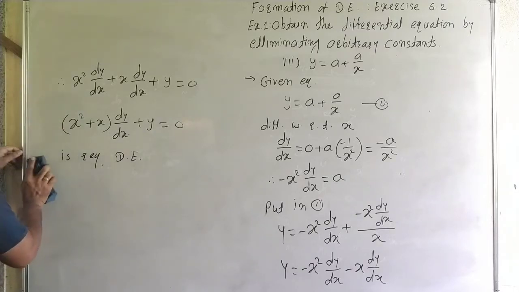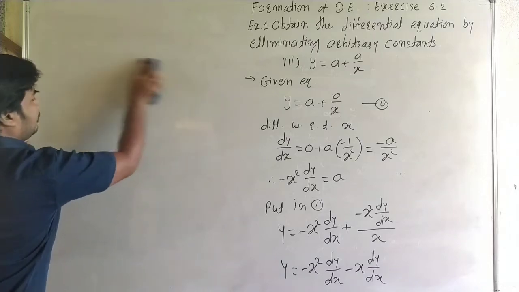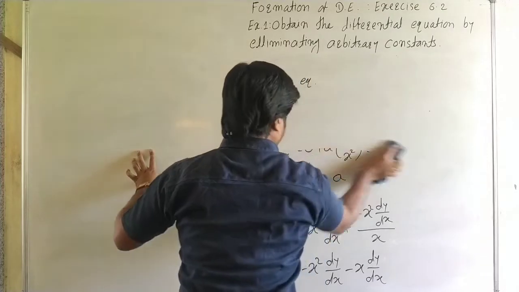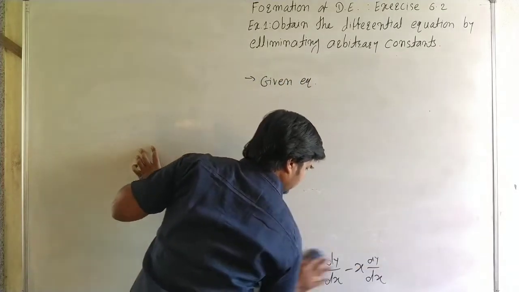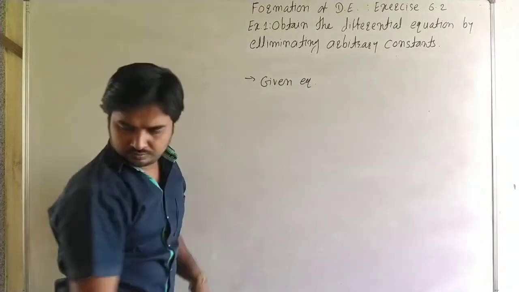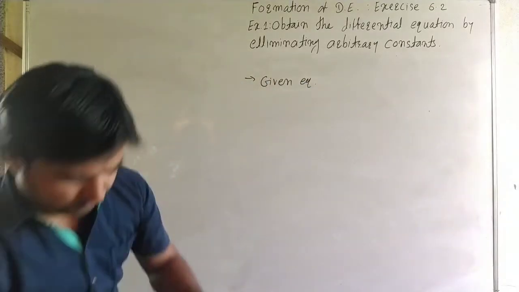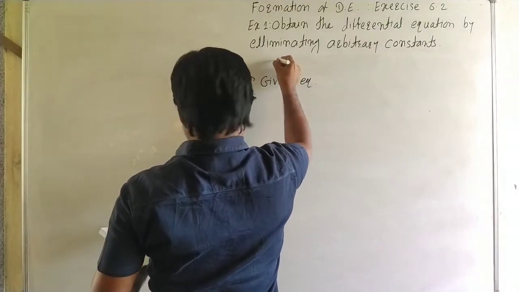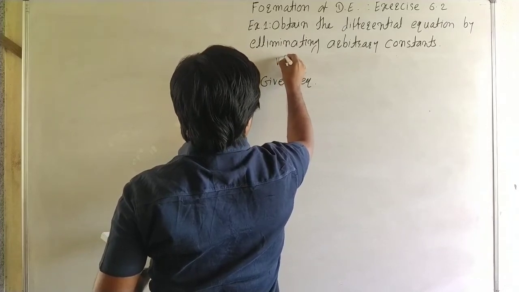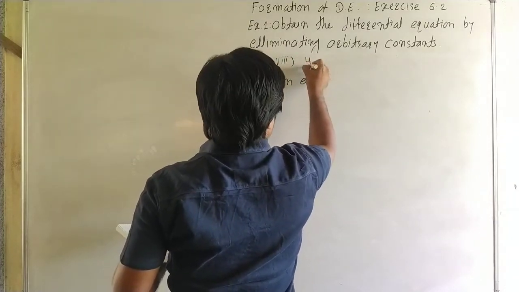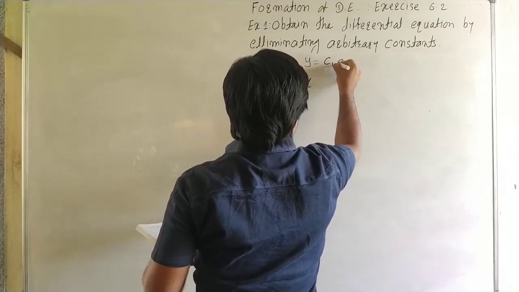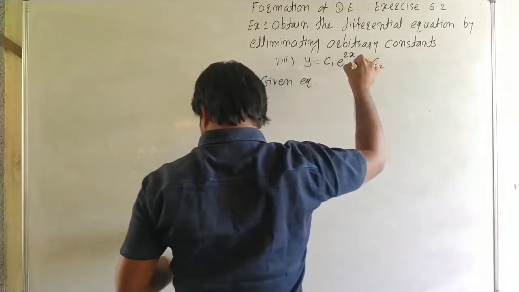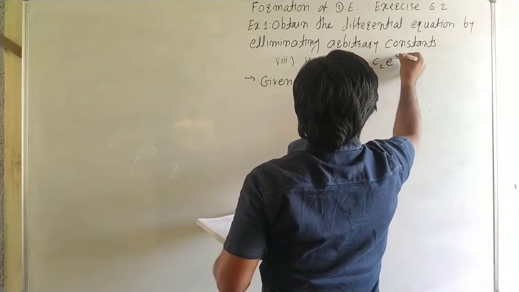Now the next, example number 8. Y is equal to c1 e raised to 2x plus c2 e raised to 5x.